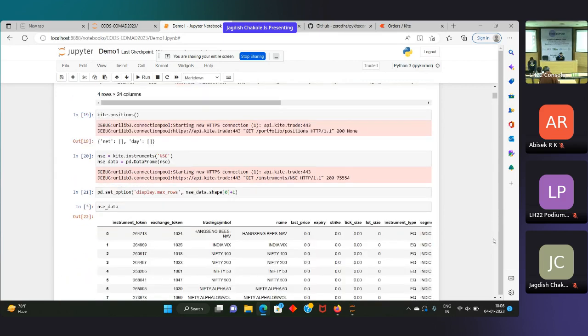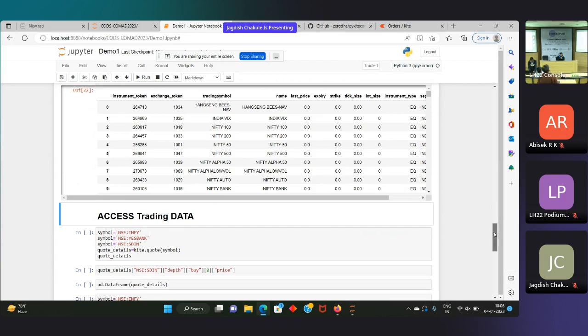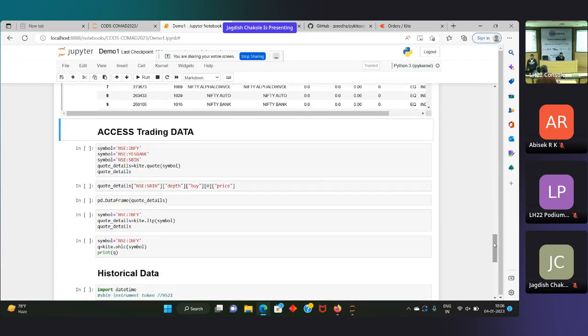Whatever we can do using manual trading, for every function there is a library available. You can use that function. Now, to access data, we can access current data or historical data of the frequency provided by the data vendor.